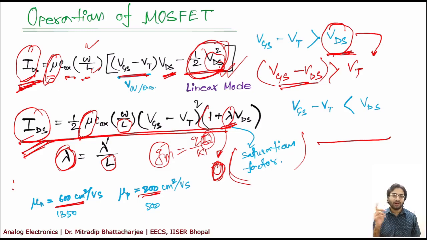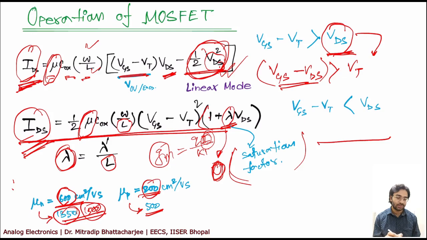However, you may have found elsewhere that the mobility of electrons is around 1350 or say 1500, and for mu p it is 500, but these are bulk mobilities. In this case it's a surface device, so we only take the surface mobilities, which are 600 and 200. So this mu value is higher in the case of electrons, so your device performance will be better. That's why NMOS is preferred.